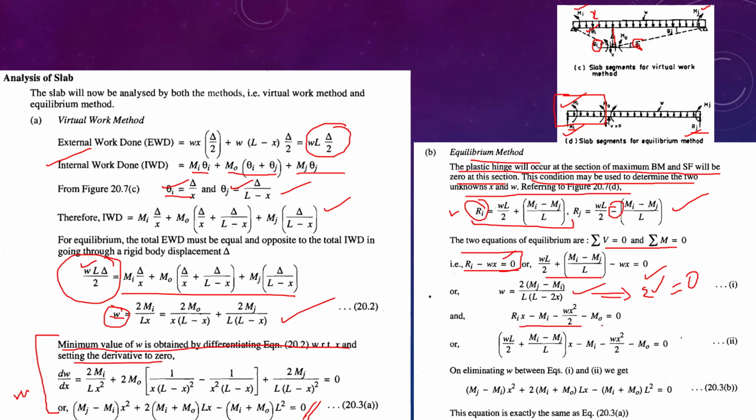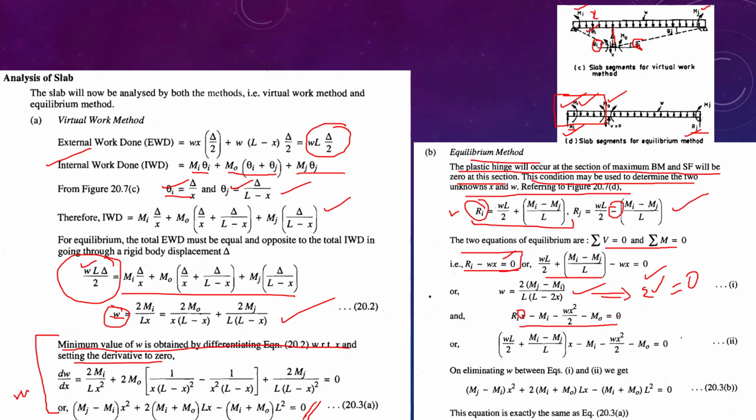Next is the bending moment equation. So Ri into x is the bending moment, minus Mi, minus Wx square by 2, minus M0 equal to 0. All the moments M0, Mi, and Wx square by 2, which is the moment due to this UDL; Ri into x is the bending moment due to the support.